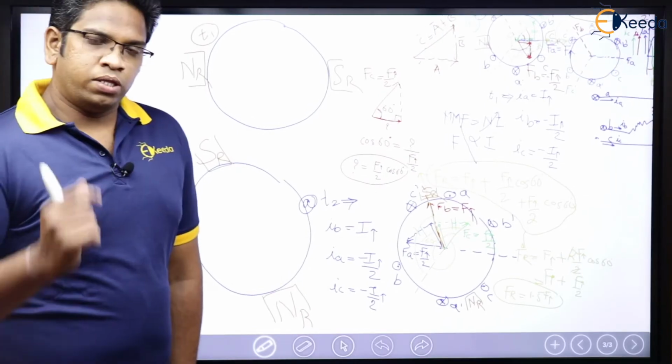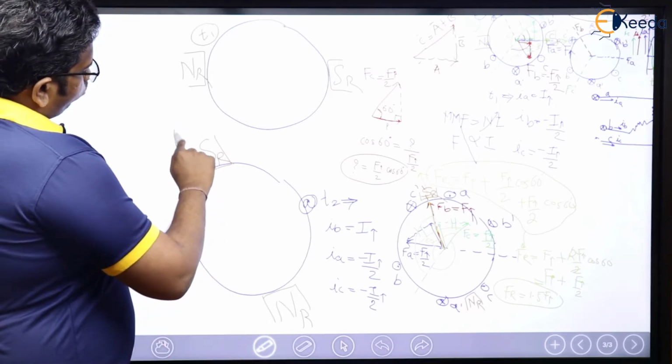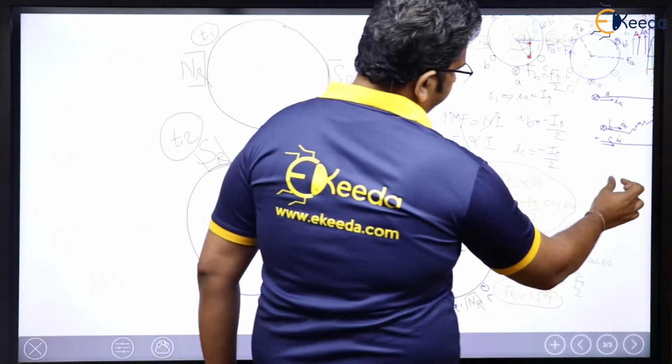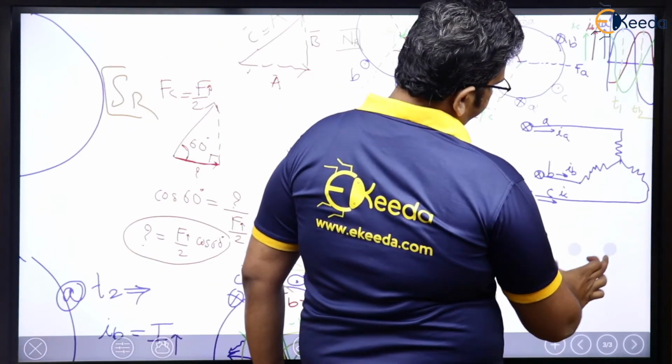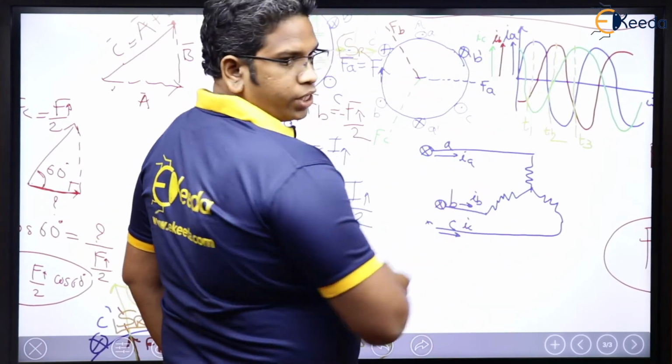Now just compare. The first and foremost assumption, see here, when you went from T1 to T2, this was T1, this was T2.